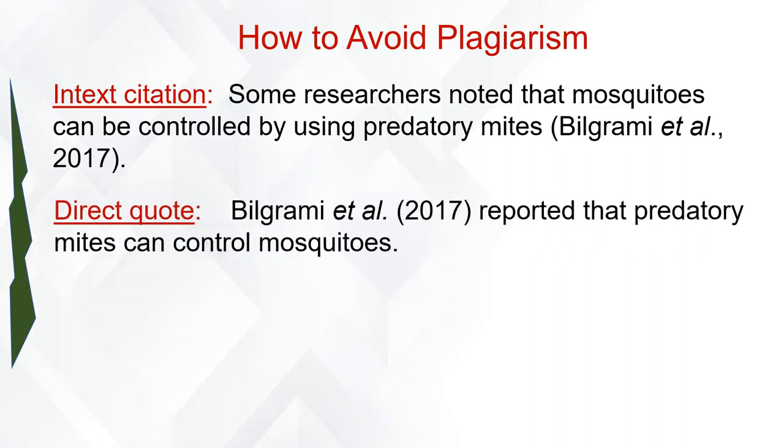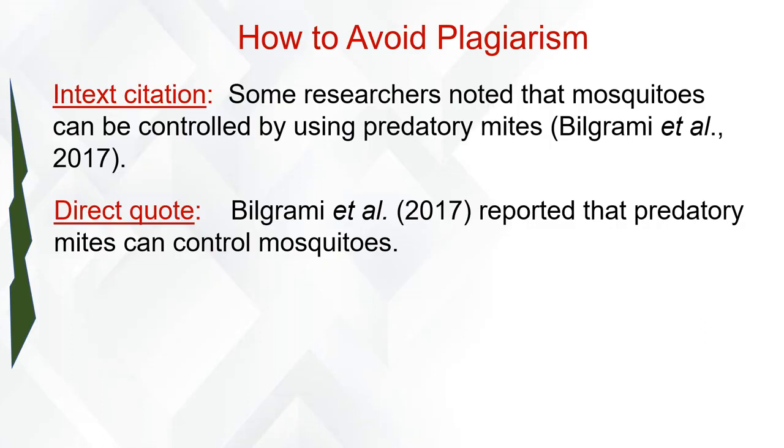Or if you want to write a direct quote, you can write it this way: Bilgrami et al. 2017 reported that predatory mites can control mosquitoes. I like this way a lot because it's direct, precise, concise, and easy to understand. Here you have pinpointed the idea, and you give credit directly to the source.